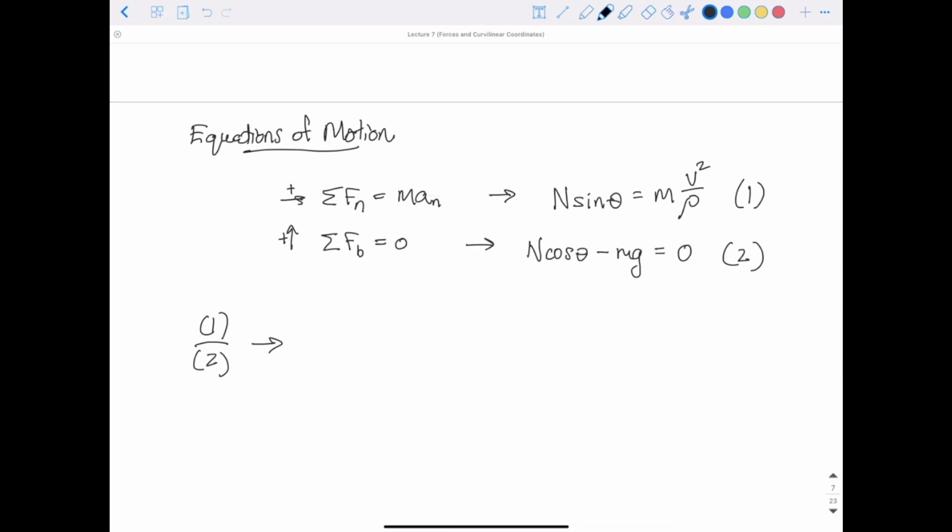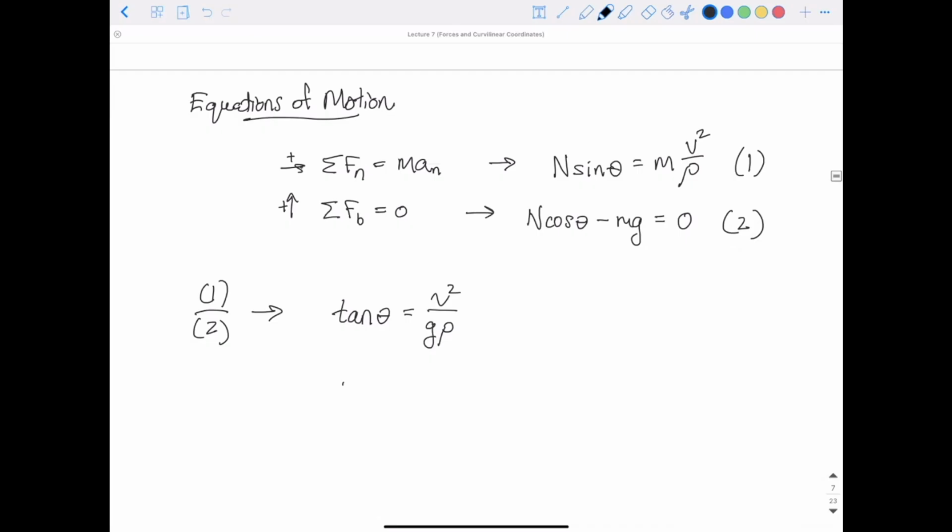And if we do this, this would give us tan theta is equal to v squared. Our m's cancel out, and we're just left over with gravity times rho. So therefore, theta is just equal to the tan inverse of v squared over g times rho.